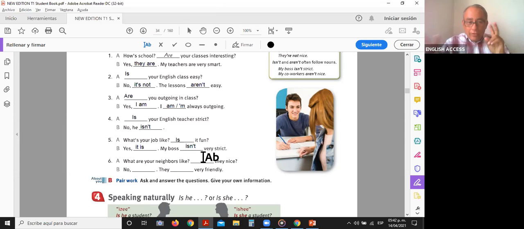Tienes razón, Carolina. Las dos pudieran ser correctas. Aquí the context says that the job is fun, so the boss isn't very strict. If the job is not fun, meaning that the boss is very strict.